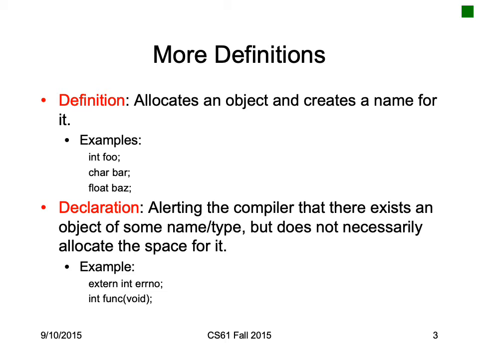So errno is a great example. It gets defined only once, but any file that refers to errno will have a declaration for it, primarily an extern, so that the compiler knows that the variable is going to exist and you can refer to it and treat it as an integer.